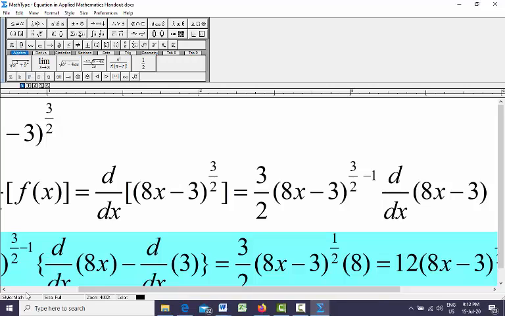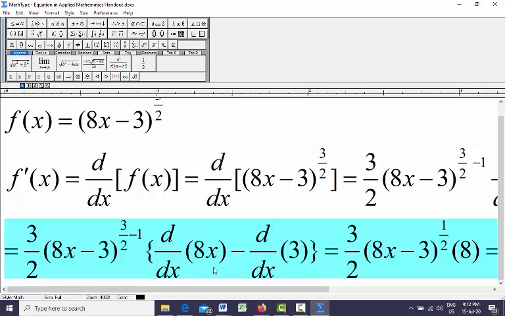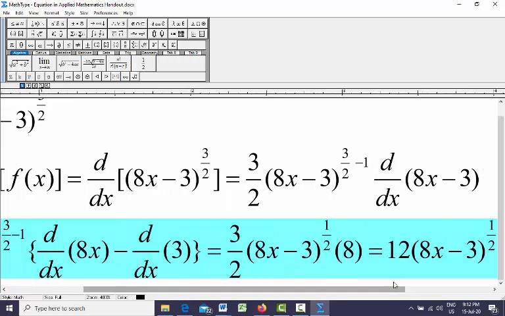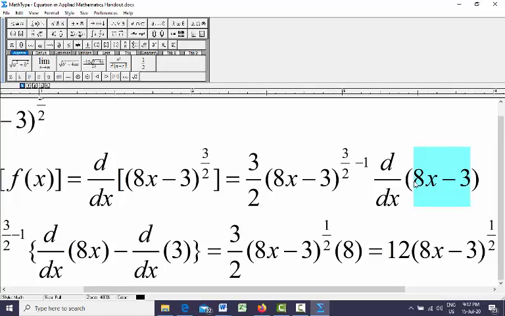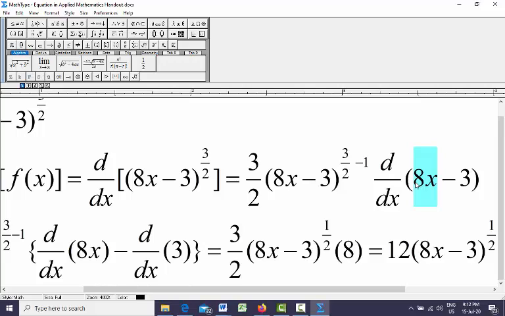As you can see here, we have this one, and inside we have 8x minus 3, and if you do differentiation of inside materials, we get 8. First you do differentiation of 8x, and you get 8 only.